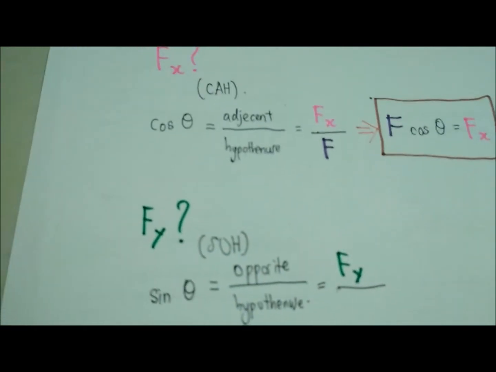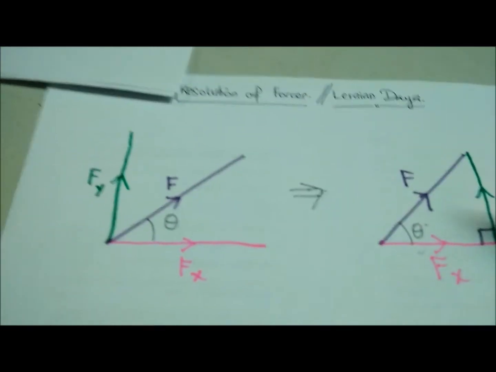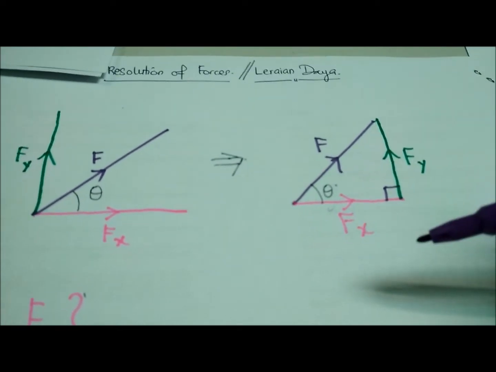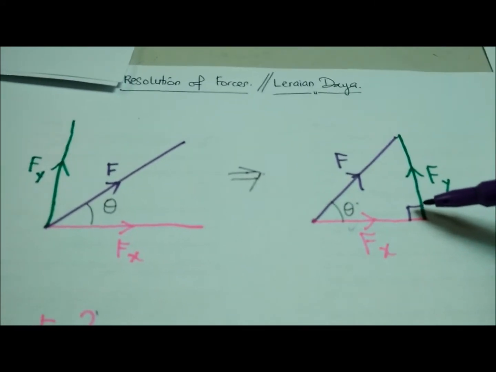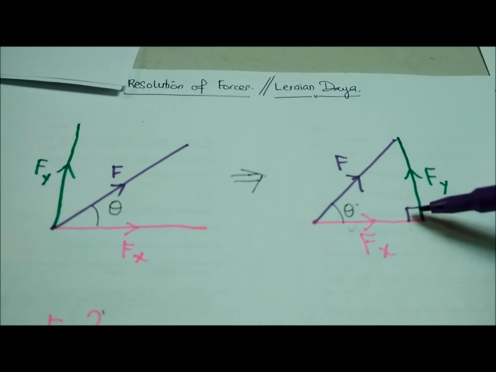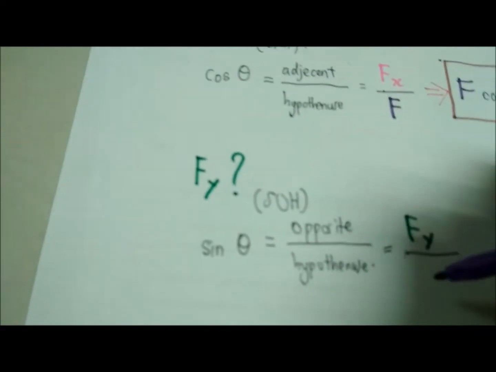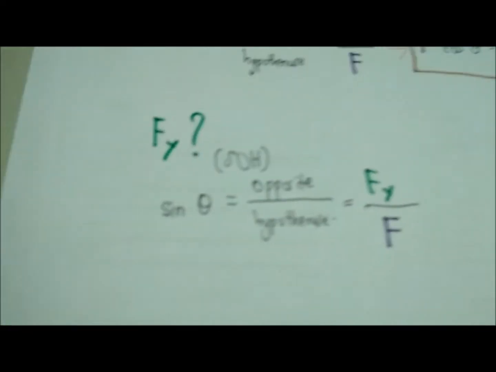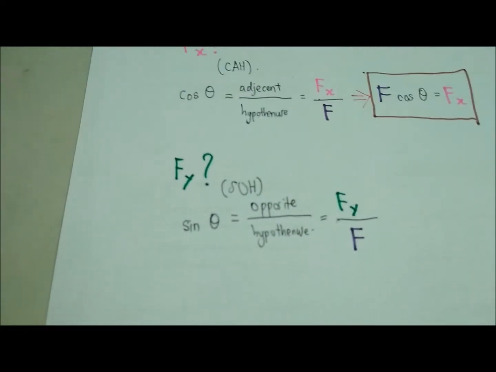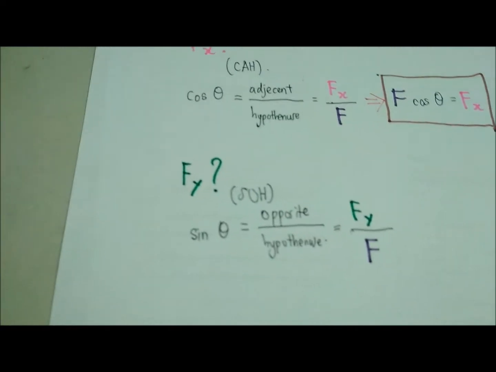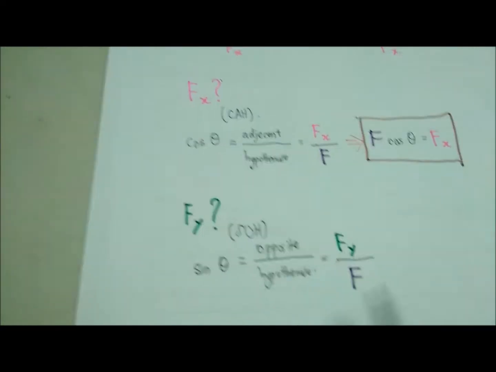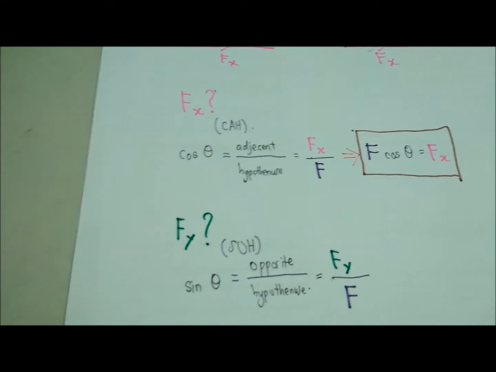In this case, the hypotenuse is the side opposite the right angle. This is the right angle, so opposite the right angle is F. Now we want to rearrange this whole formula to get Fy.